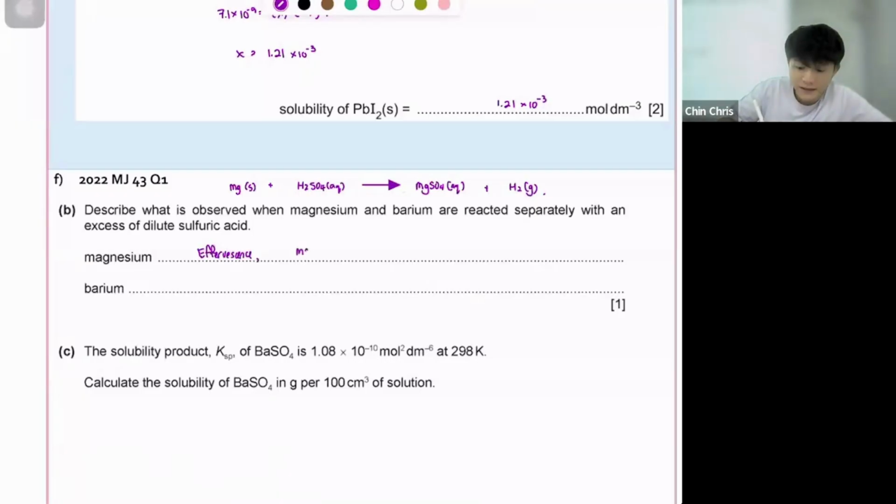Okay, I can mention that your magnesium dissolves, forming solution, right? You can see that. All right guys, any color here? No, right? I give you a full observation, so my answer is more than 2 marks. I just want you guys to write everything down. Forming colorless aqueous solution.